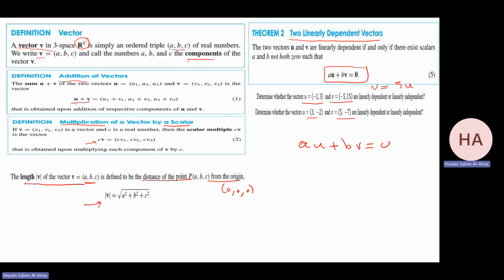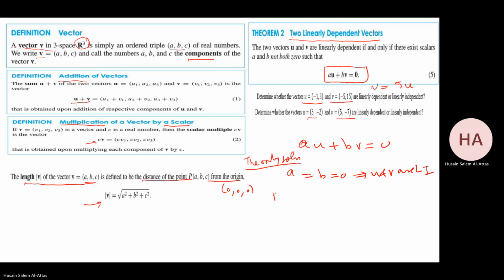It means I have a system, and I need to find A and B. If the only solution of this system is A equal B equal 0, that means u and v are linearly independent. I call it LI.